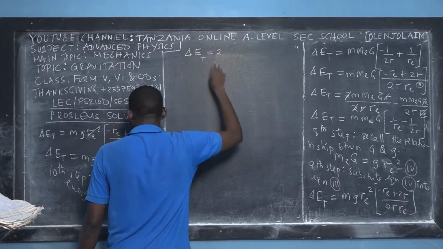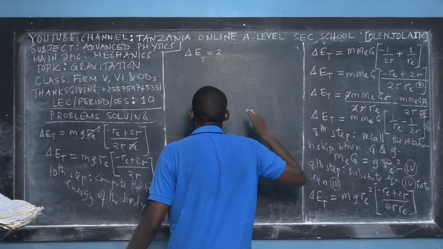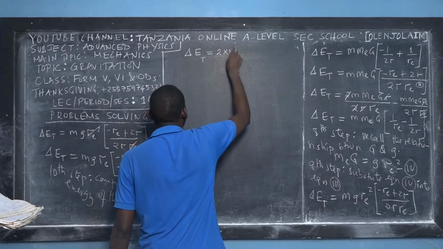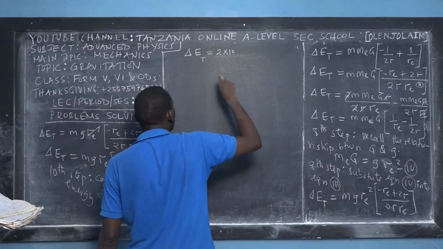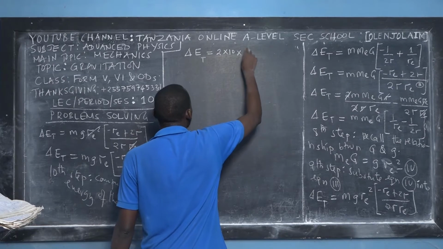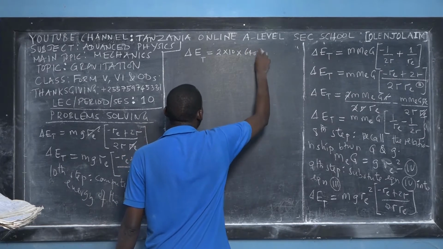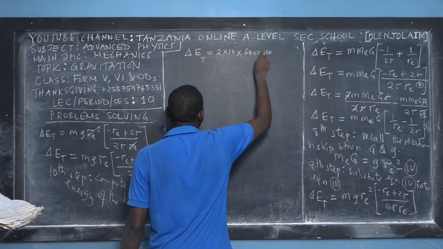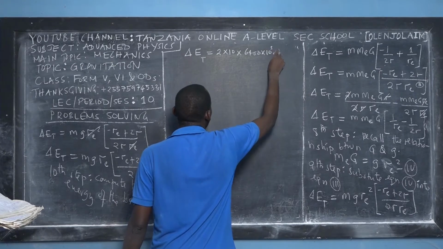So according to the question, the acceleration due to gravity will be given as 10, not 9.8, don't cram. And then the radius of the Earth is 6,400 kilometer, so this is exponent 3 meter.